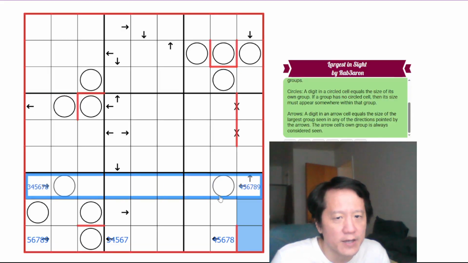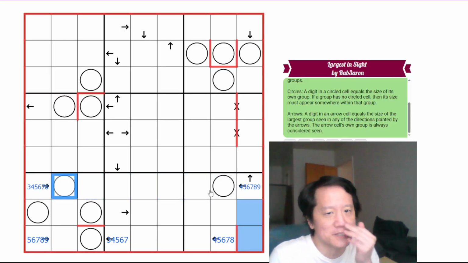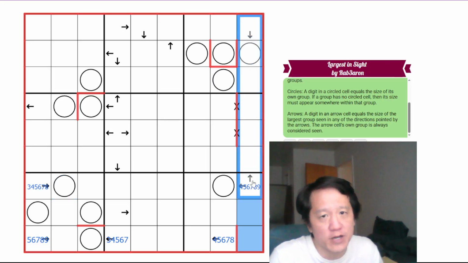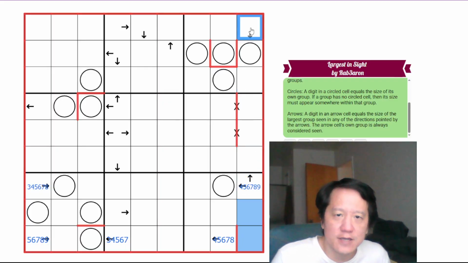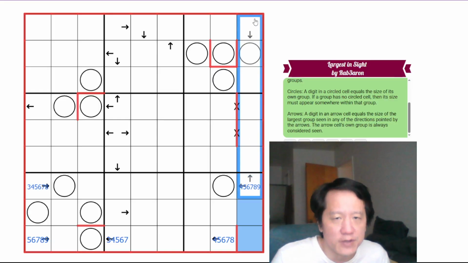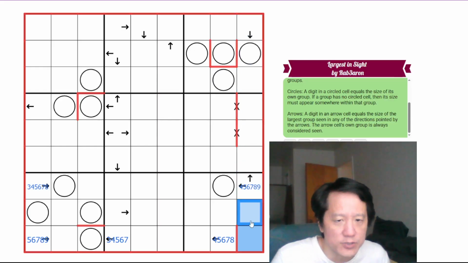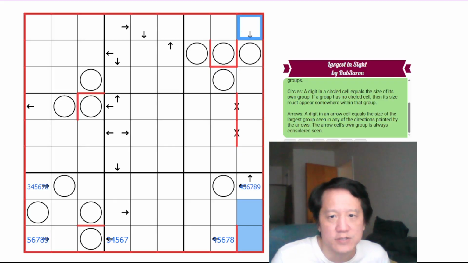It includes that, but it cannot be the same digit as that, so this must be something greater this way. This is saying that these can't be the same, so this must be greater than all of the groups here, which means it includes this one. So this is the same as this digit here.